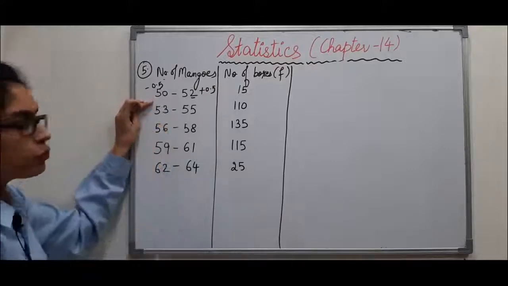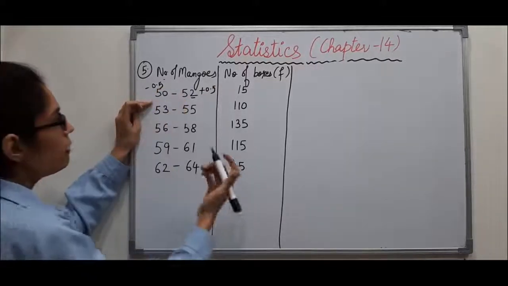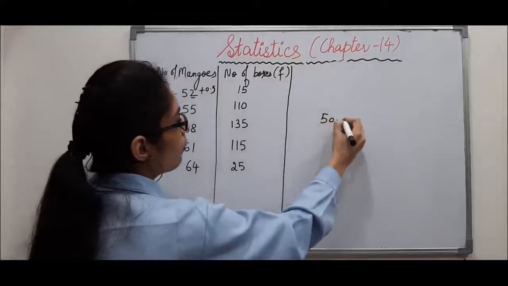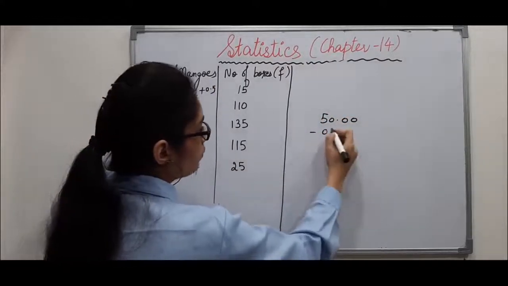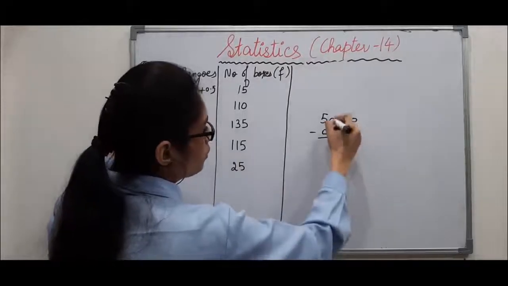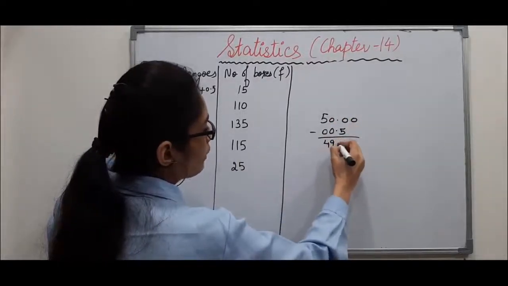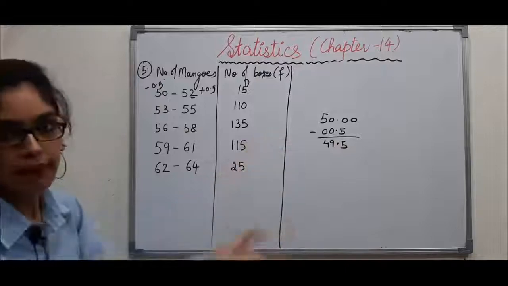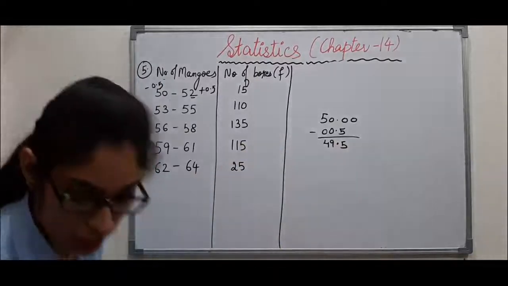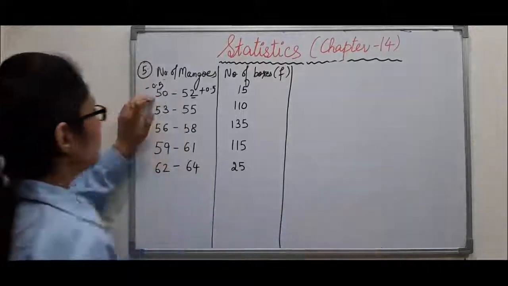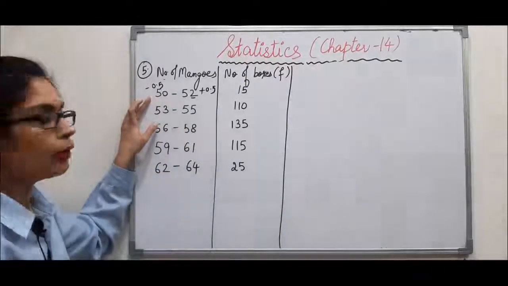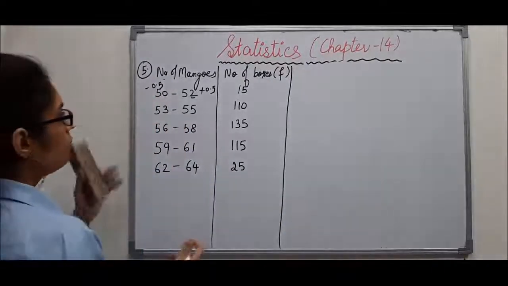So 51 I will do. It will be very easy. If you subtract 0.5 from 50, you will get 49.5. Simple subtraction you have to do, and you can remember also. So you will get this as 49.5, only subtraction I have done.